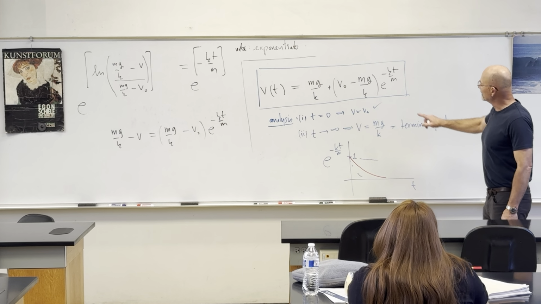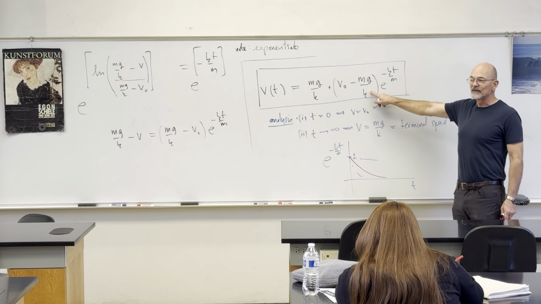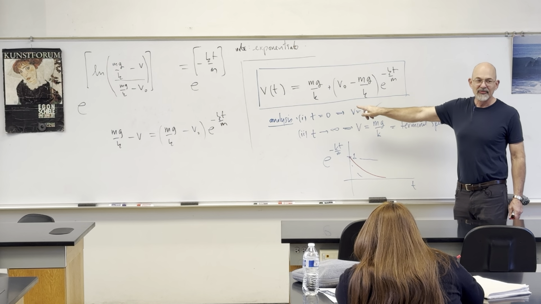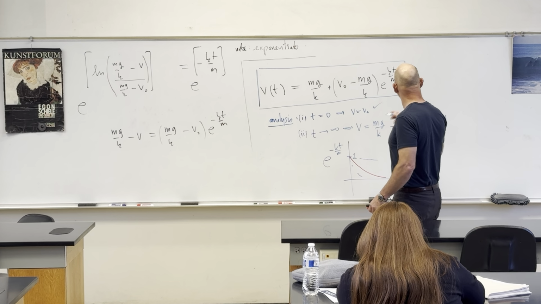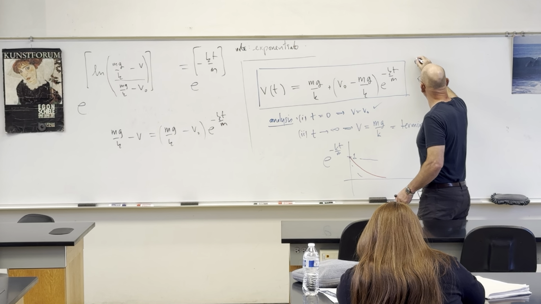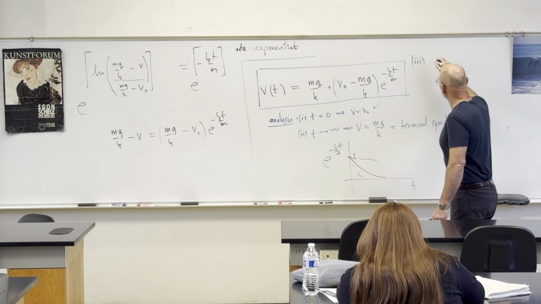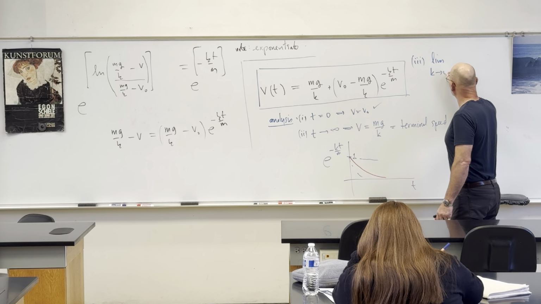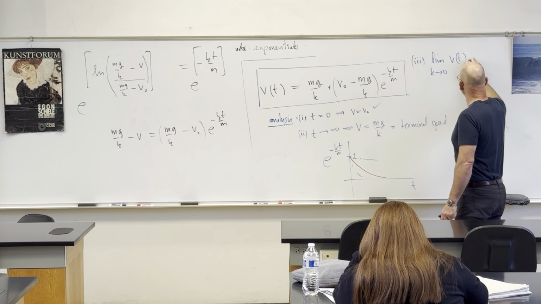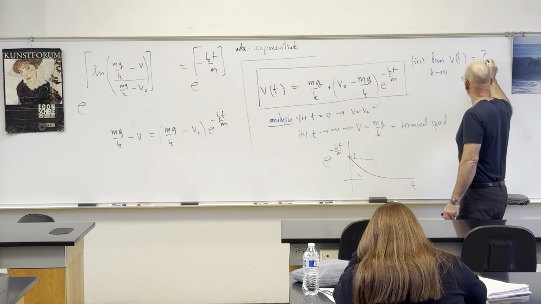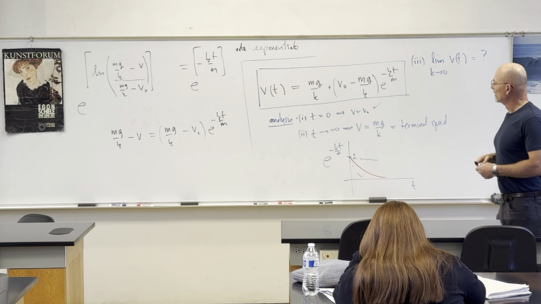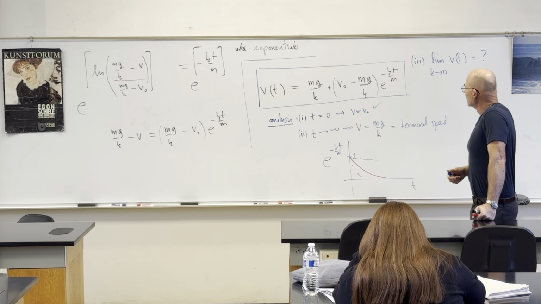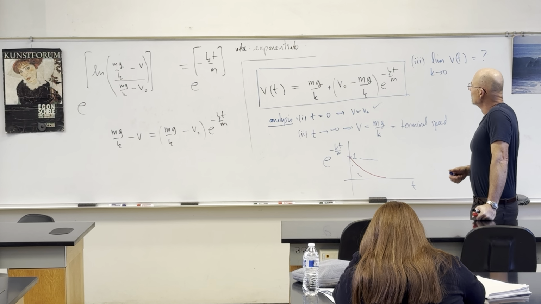We're again going to have to take the limit as k goes to 0 to get free fall. So 0.3 right here would be the limit as k goes to 0 of v of t. Should I do that or should I leave that up to you guys?